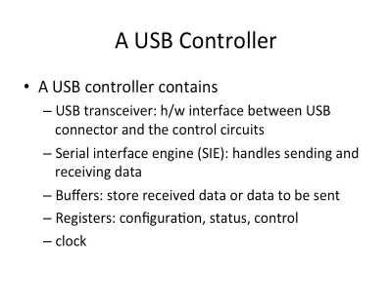A USB controller contains the transceiver, which handles the low-level signaling. It's the hardware interface between the USB connector and the controller circuit. It also has a serial interface engine, which is used to handle sending and receiving data.